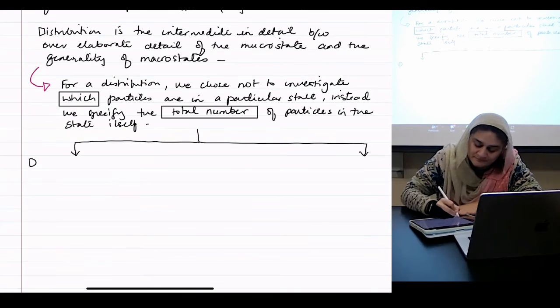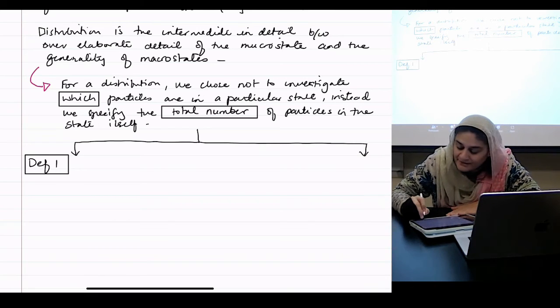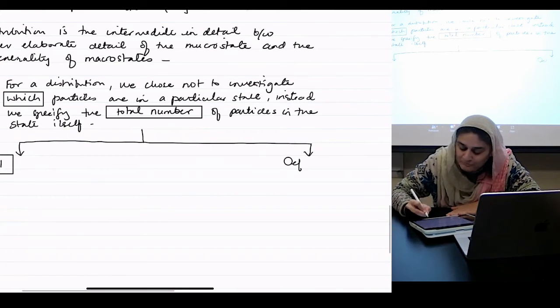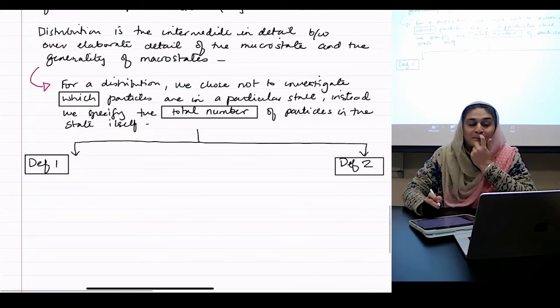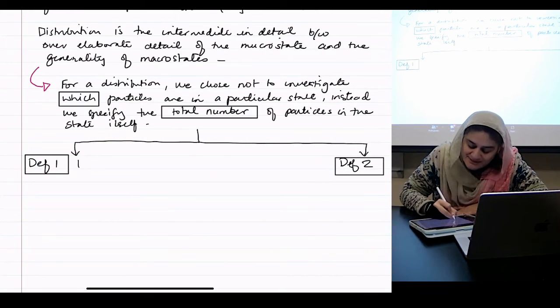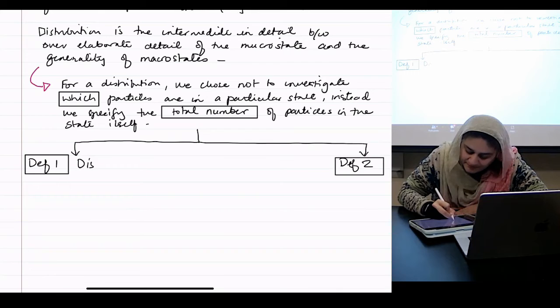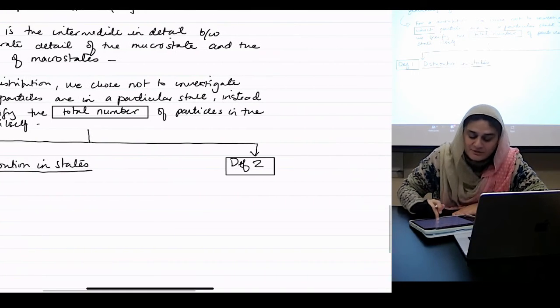Definition 1 and definition 2: distribution in states, and distribution in levels.